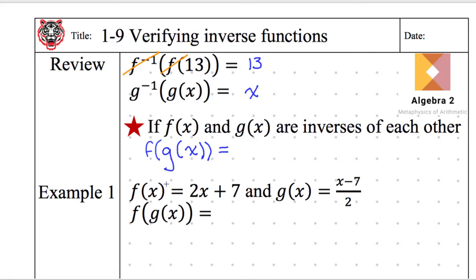This is based off the last problem, stated in a different way. Instead of saying g inverse of g, I'm writing it as if f and g are assumed to be inverses.